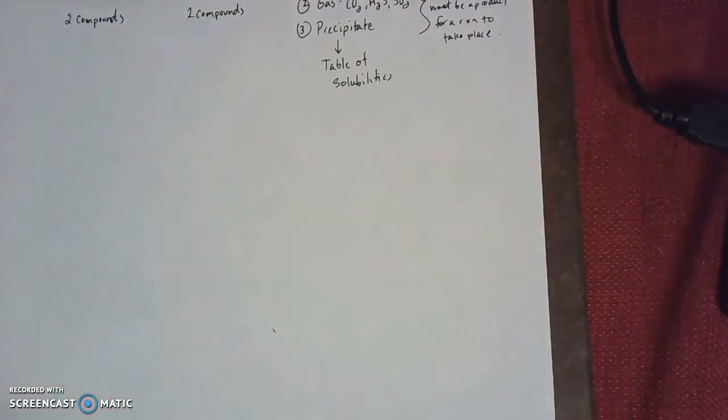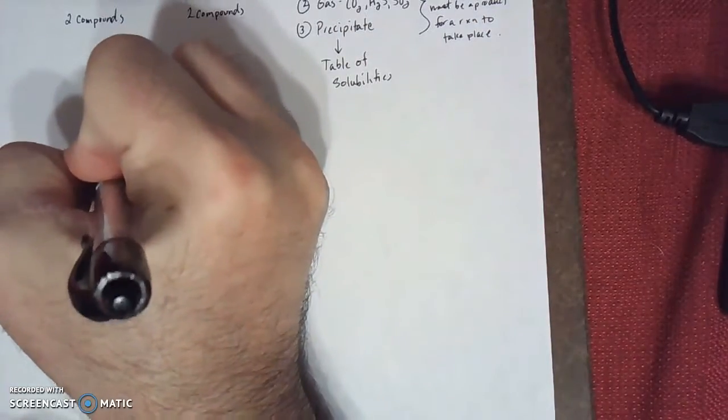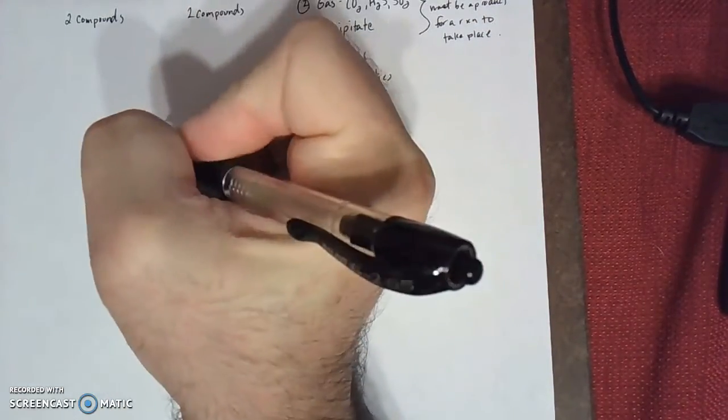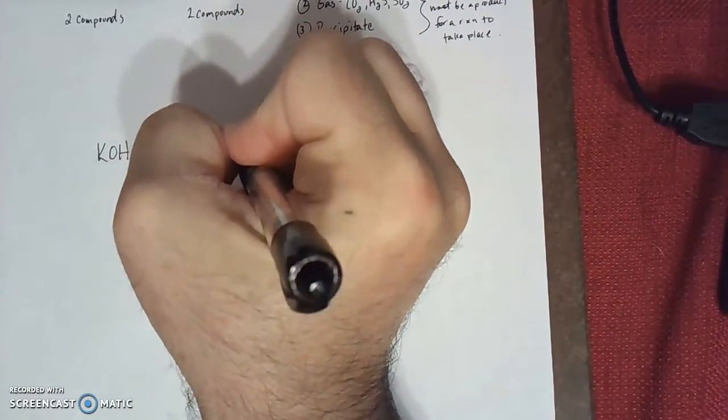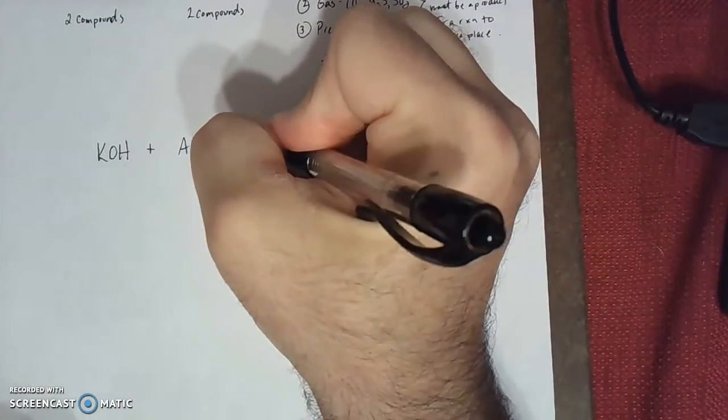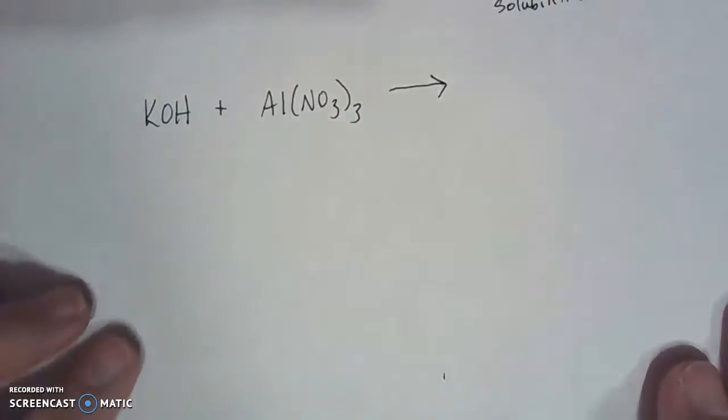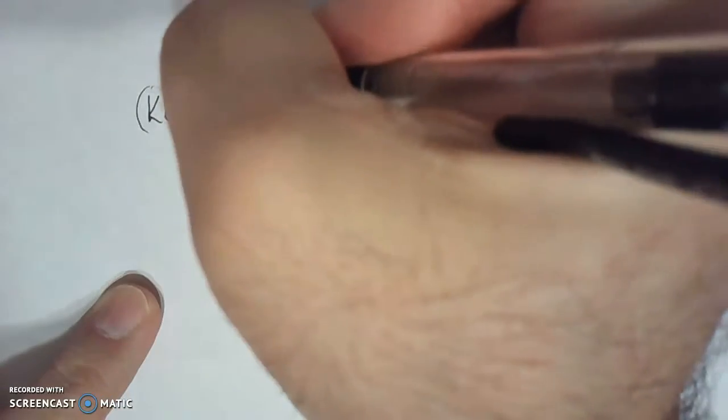So let's look at an example. Let's say that we have KOH plus aluminum nitrate. And we're asked to predict what this is going to be. So again, we're going to take our two positive ions and we're going to swap places.